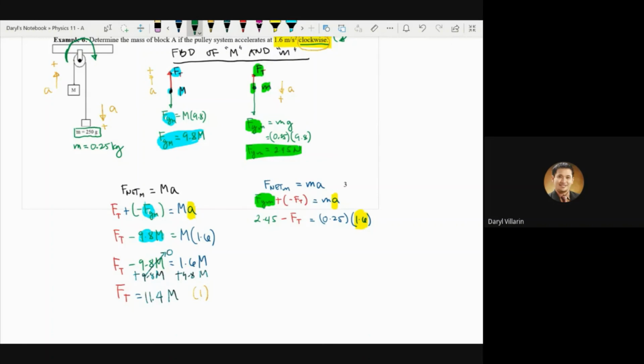So this object is accelerating at 1.6 meters per second squared. So that's 1.6. So 2.45 minus Ft. And just get the product of 0.25 and 1.6. So that should give you an answer of 0.4.